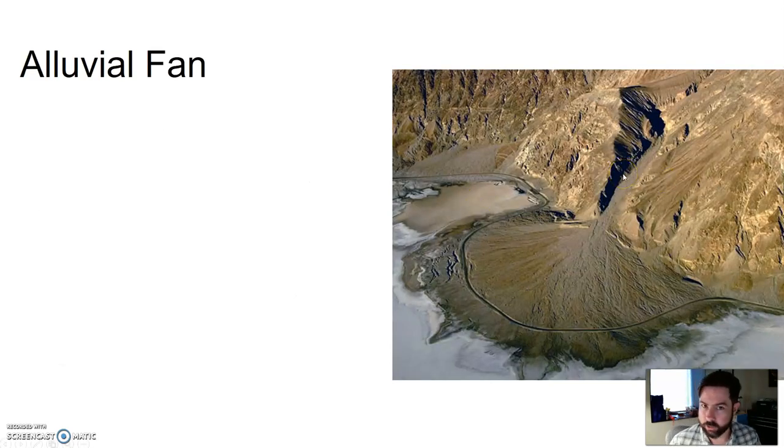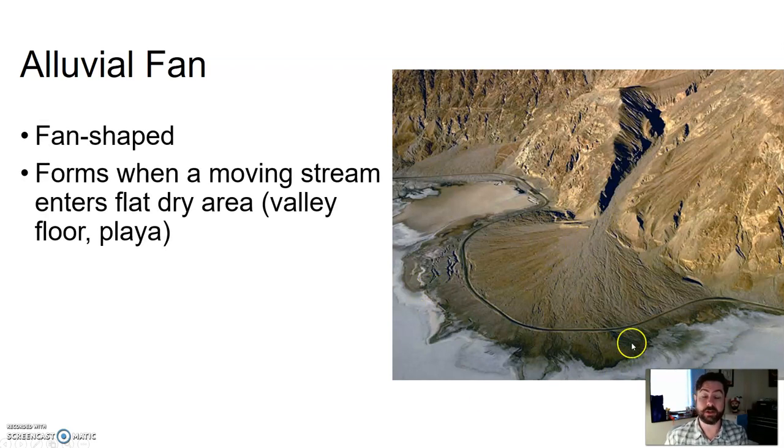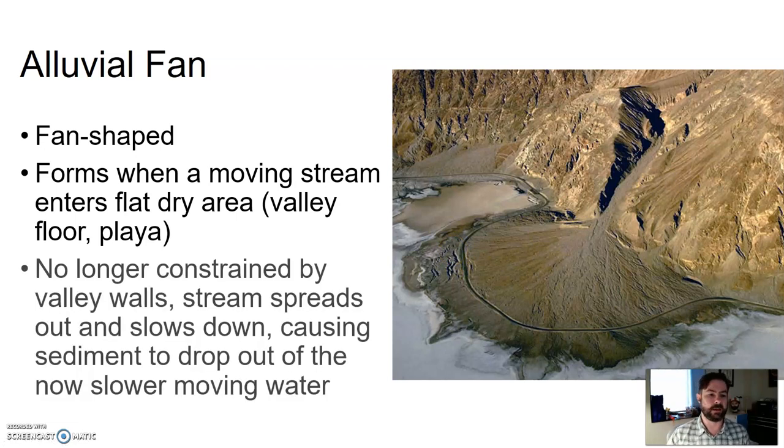A very similar looking depositional feature is something called an alluvial fan. Different than a delta. This is when flowing water creates this fan-shaped deposition, but when a moving stream enters a flat, dry area, like hits a flat valley floor or hits a playa, which we'll talk about a little bit later.